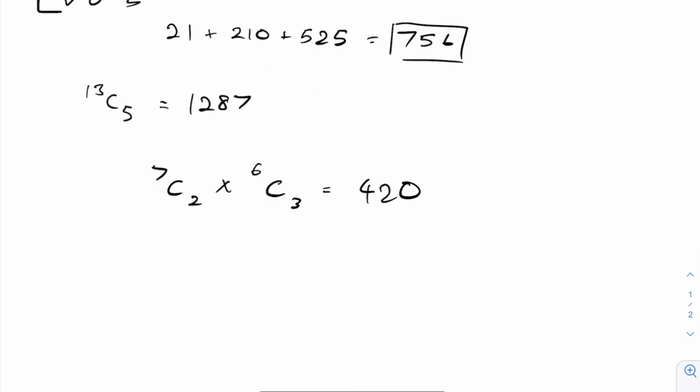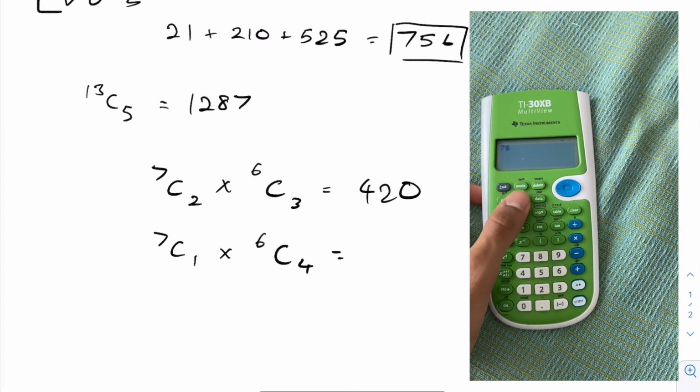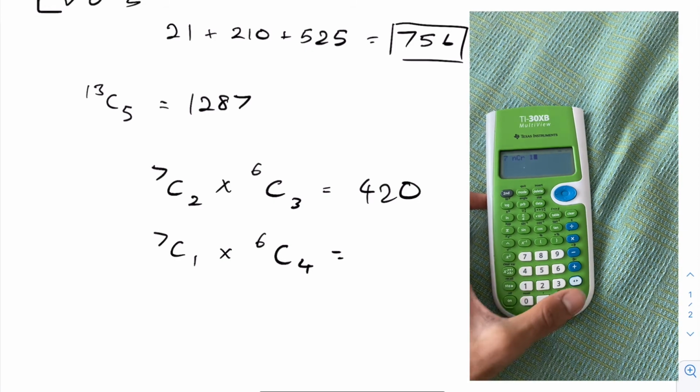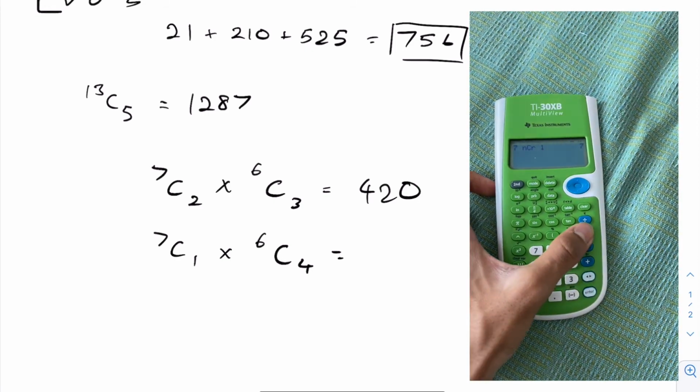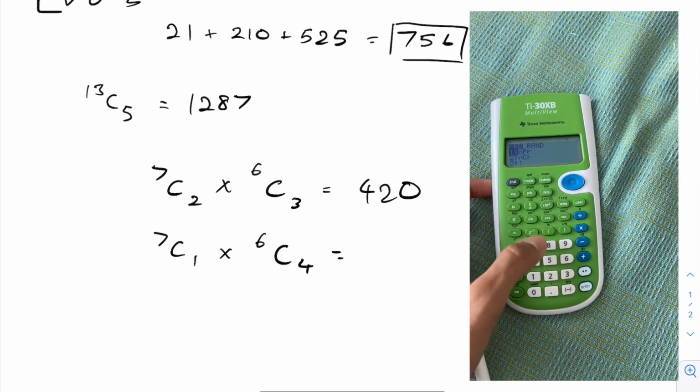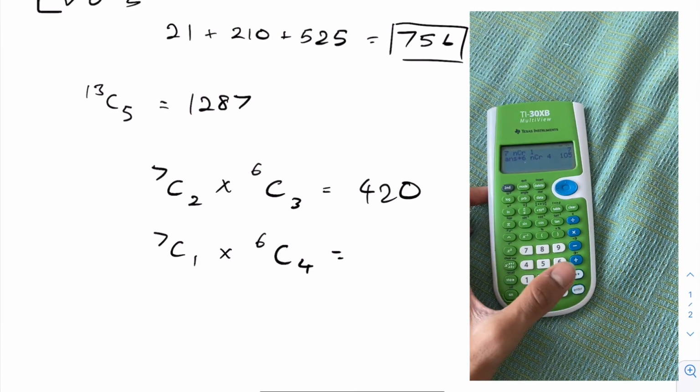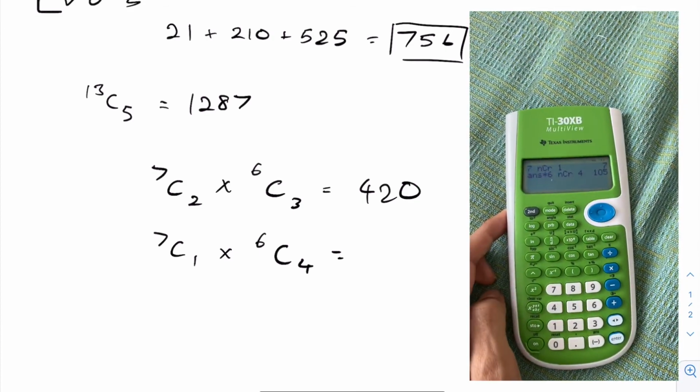Now, let's do it for 1 man and 4 women. That's 7C1 times 6C4, which is equal to, let's do that real quick, 7C1 times 6C4. So that's 7 times, okay, so it gives us 105.